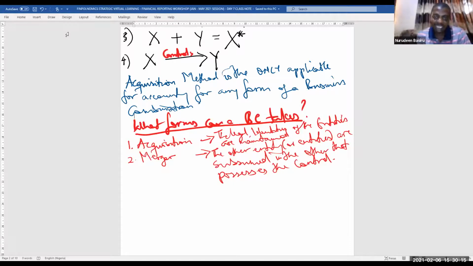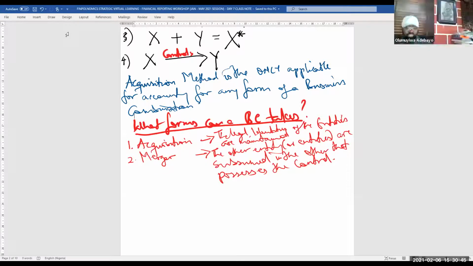Likewise, merger is a situation whereby the intent is that one entity is subsumed into the other, especially where the one that has control takes possession of the other that does not have control. That's my understanding of merger.